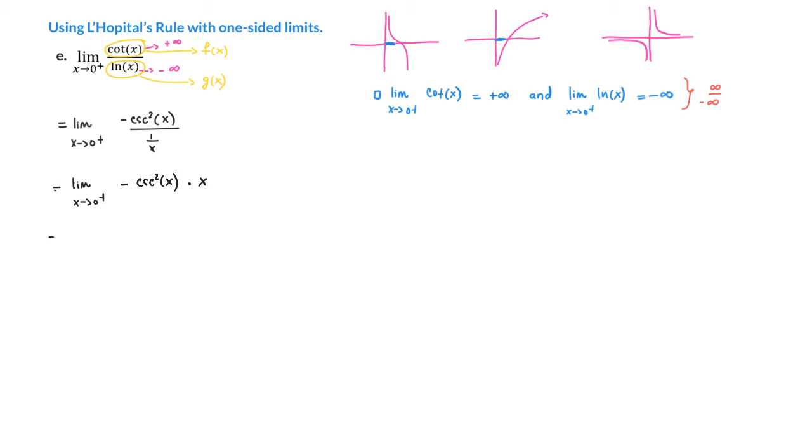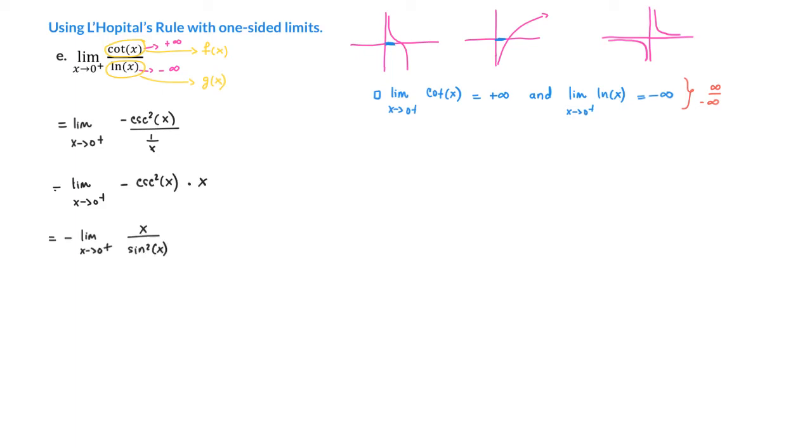What I will do right now is to take this negative in front of the limit, and I will re-express cosecant squared as 1 over sine squared x. That means that we're going to have x over the sine squared of x.